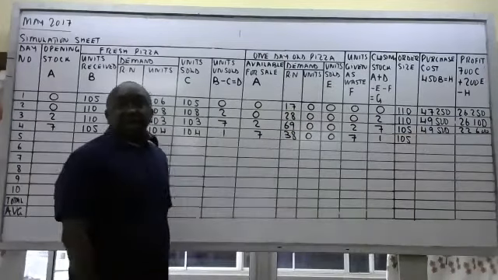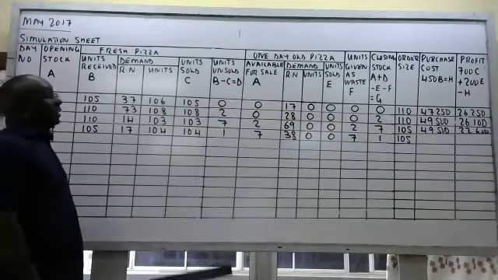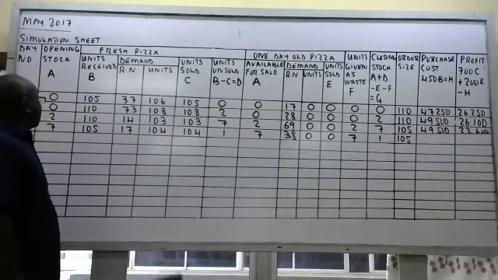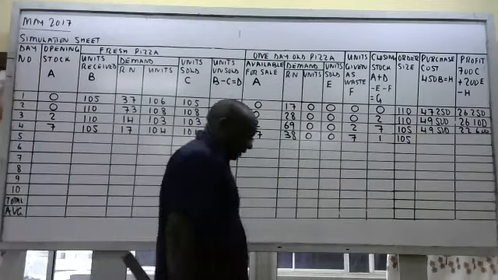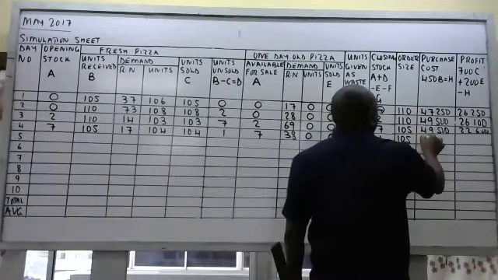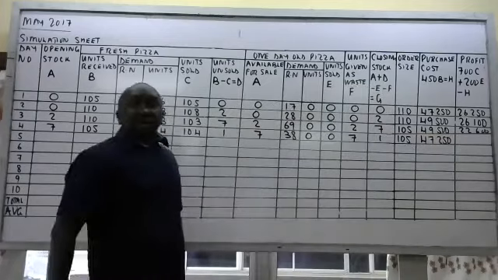Hope everyone is clear on that. Yes, I can see Royce, 105. The purchase cost will be 47,250. So based on that, tell me what will be the profit.